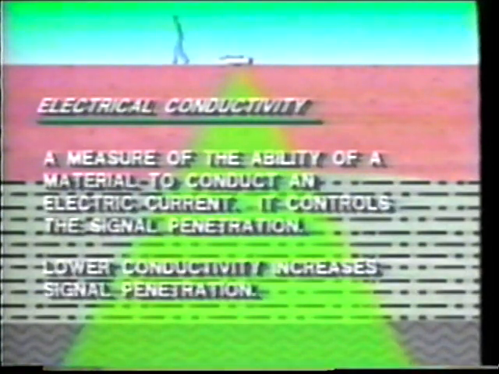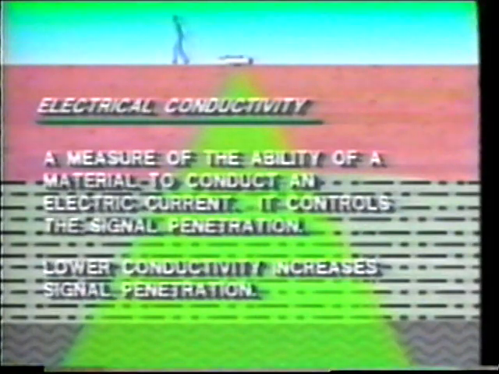The next property to understand is electrical conductivity, a measure of the ability of a material to conduct an electric current. This will determine the depth of penetration of the radar signal. The lower the conductivity of the materials, the deeper the radar signal can penetrate. Conductivity is controlled by the water, mineral, and clay content in the subsurface.